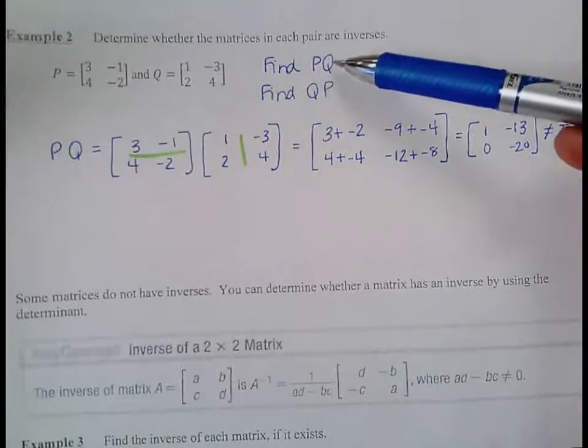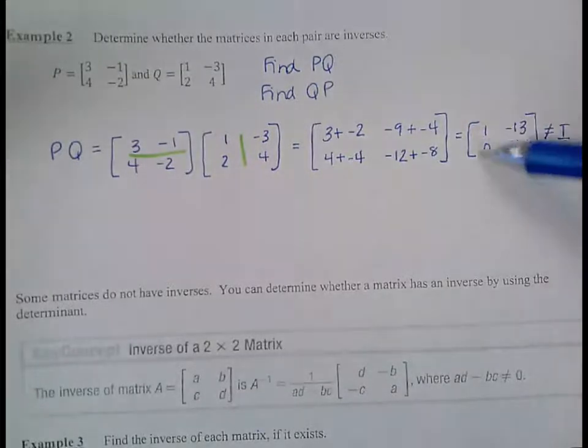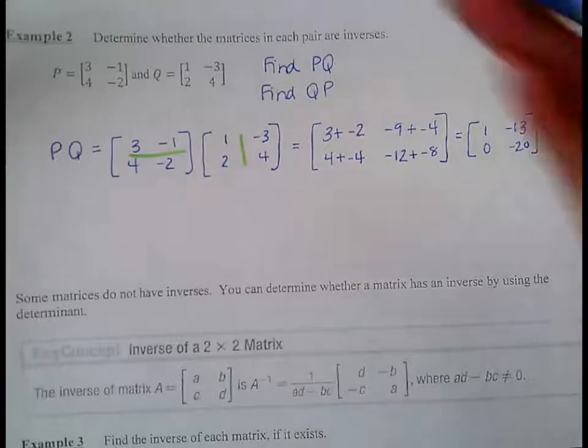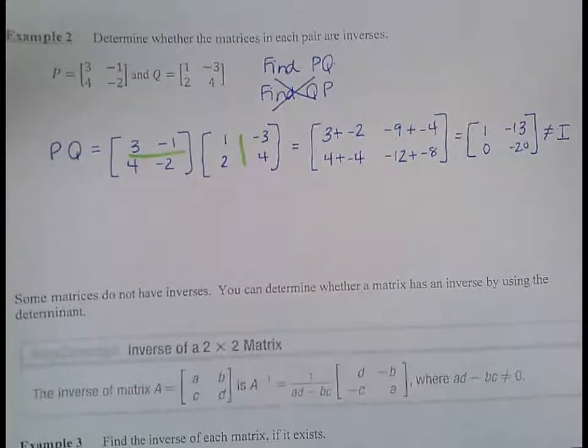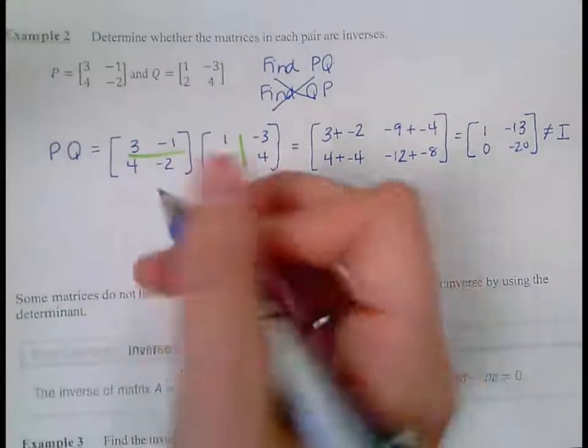So if I found PQ and I already know this is not equal to the identity, you do then not need to find QP. You could, but it's not necessary because I already know that they're not inverses. So are they inverses?